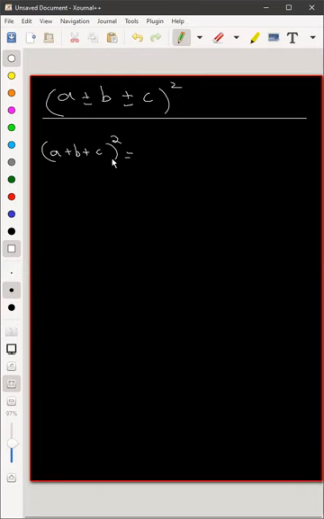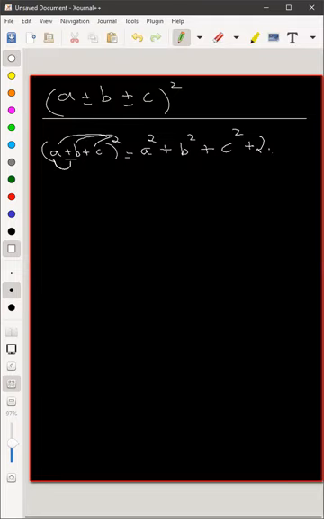First, this one. So we get a squared, plus, because there's a plus here, plus b squared, and plus c squared, right? Is this clear so far? Plus, again, like we were doing a plus b, the whole thing squared, we had 2 times. So 2 times the first two.